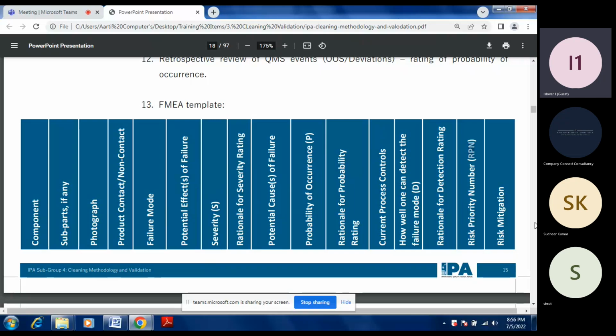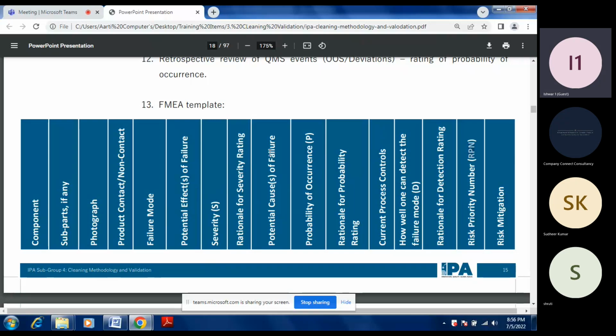Different organizations have different levels also, maybe 1 to 7 or 1 to 9, and in that case the calculation changes. So as per the ICH, the number should not be more than 125 RPN.